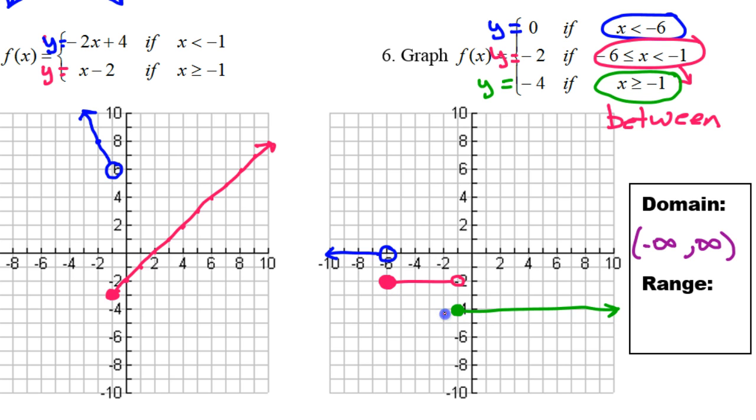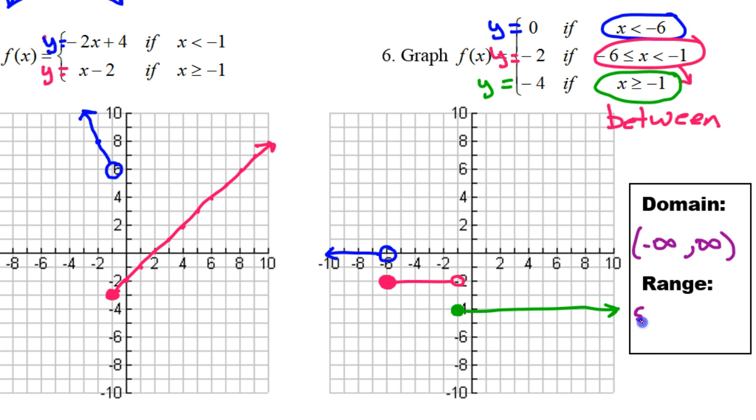And those y values are the green part, all the y values are negative 4. For the red part, all the y values are negative 2. And for the blue part, all of these y values are at 0. So negative 4, negative 2, and 0 are the only y values shown here.